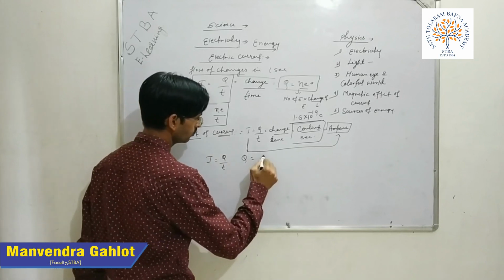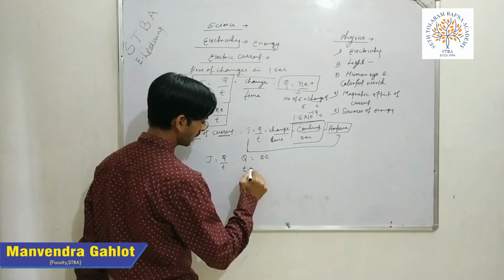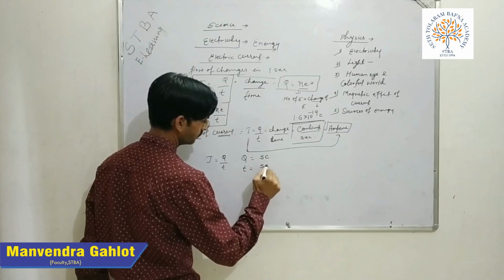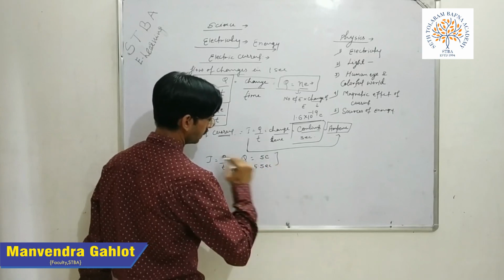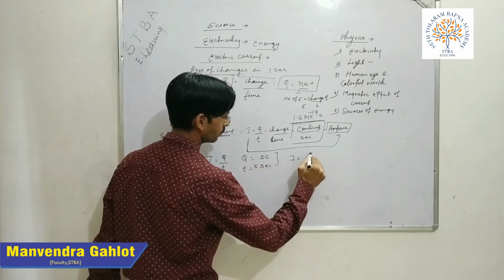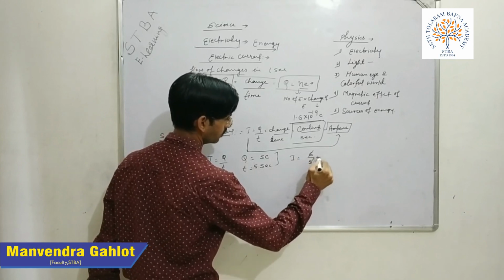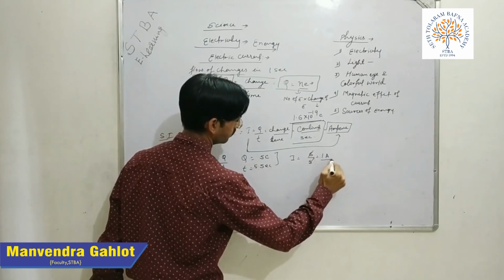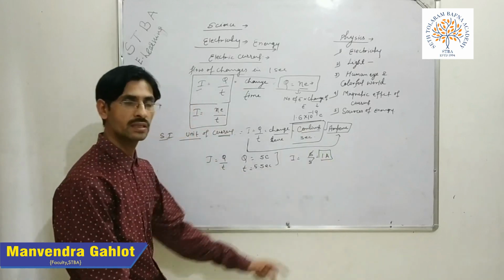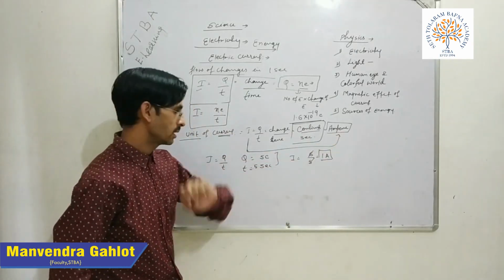That means Q equals 5 coulomb, time is 5 seconds, then I equals 5 upon 5, which is 1 ampere.